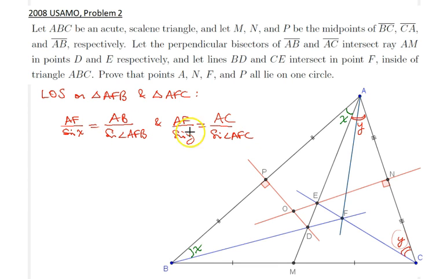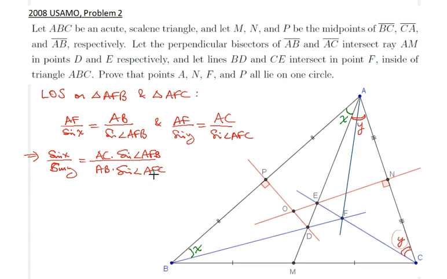Again, we take the ratio of these two equations. After some simplifications, this implies sine X over sine Y is equal to AC times sine of angle AFB divided by AB times sine of angle AFC.